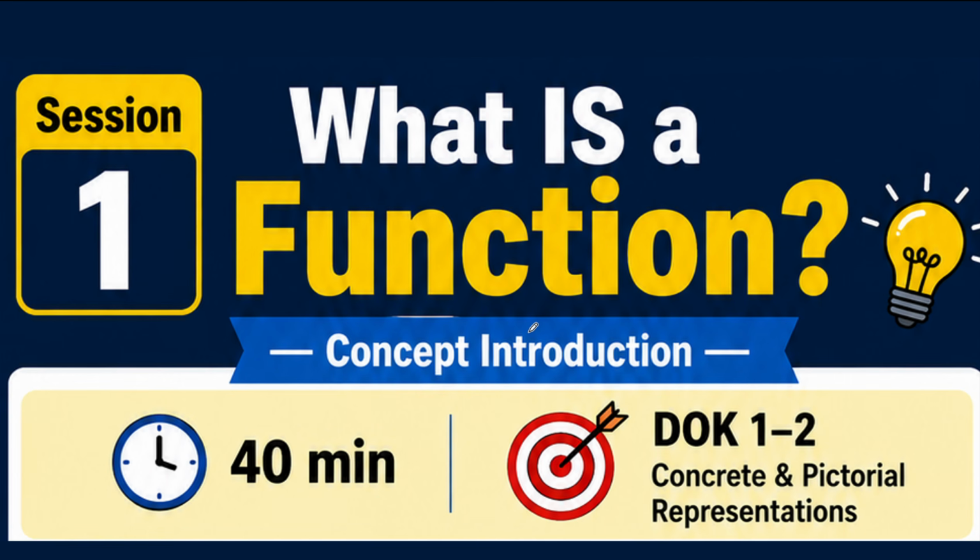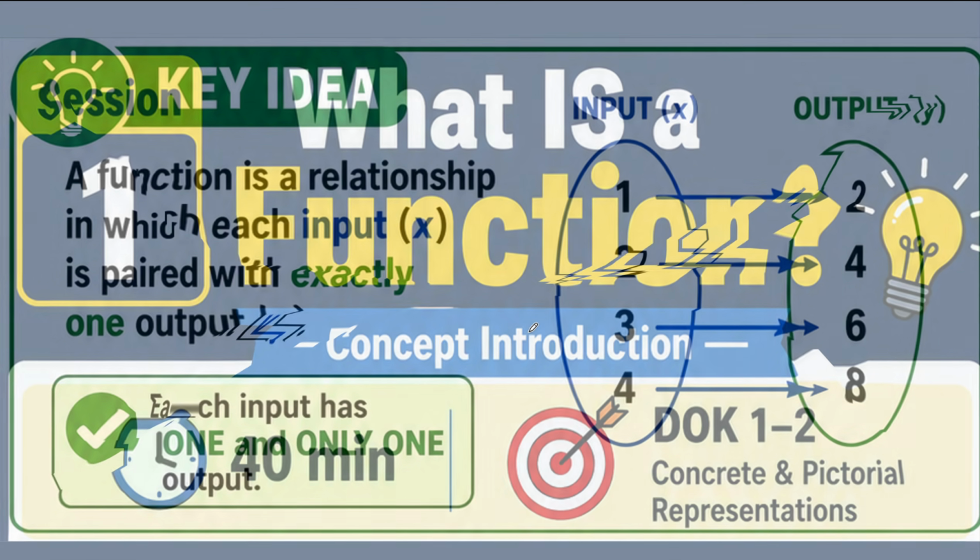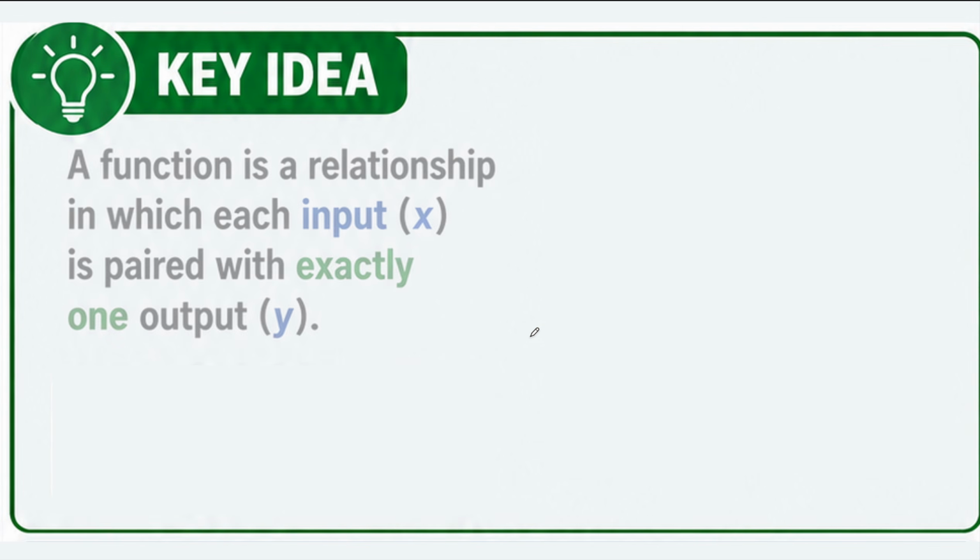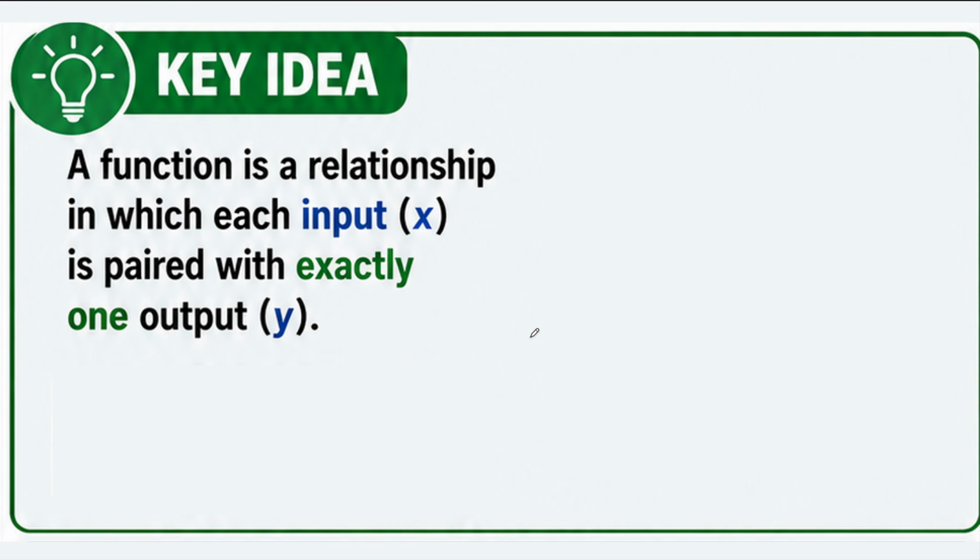So, in session 1, let us define what a function is. Here, the key idea: a function is a relationship in which each input or the x is paired with exactly one output or the y.